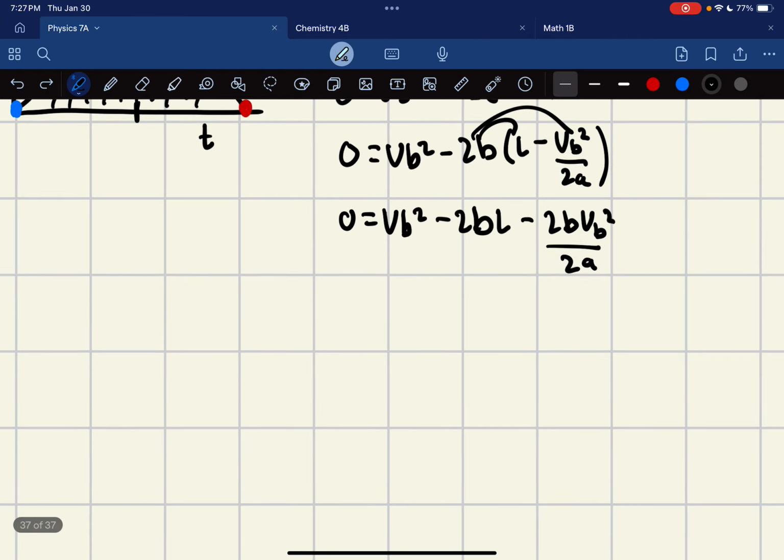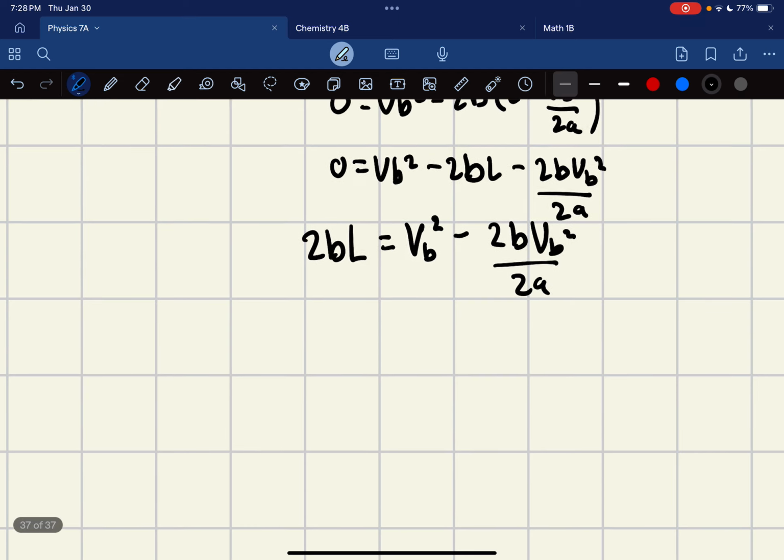So I'm going to put the 2BL on the other side by adding it. We have positive 2BL equals VB squared minus 2 big B VB squared over 2a. Now I'm going to factor out VB squared: 2BL equals VB squared times 1 minus 2 big B over 2a. This cancels to be b over a, so I'll just rewrite it as b over a.